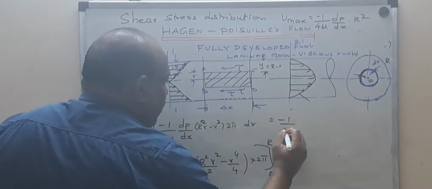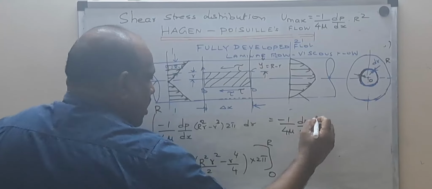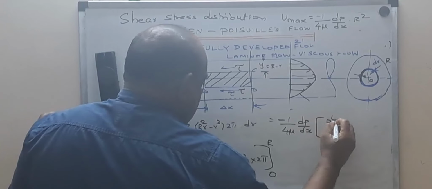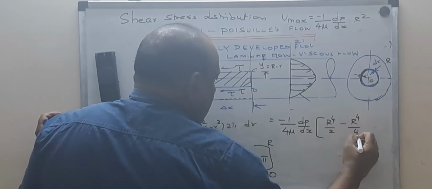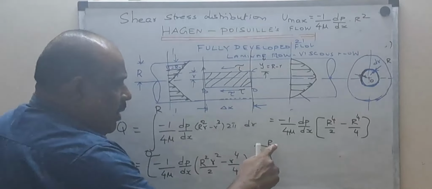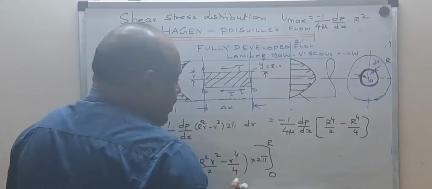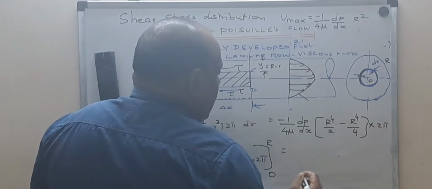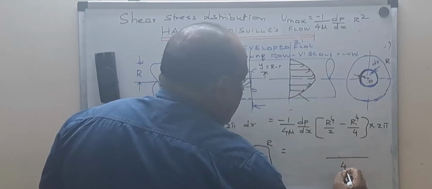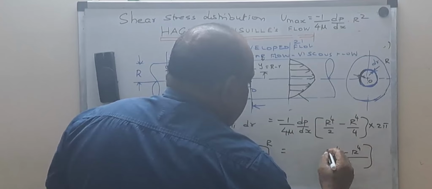So it is minus 1 by 4 mu into dp by dx of R power 4 by 2 minus R power 4 by 4, into 2 pi. How did I get this? Because this r is also capital R, so R squared into R squared becomes R power 4. If I take the LCM, which is 4, it will be 2 R power 4 minus R power 4, into 2 pi.